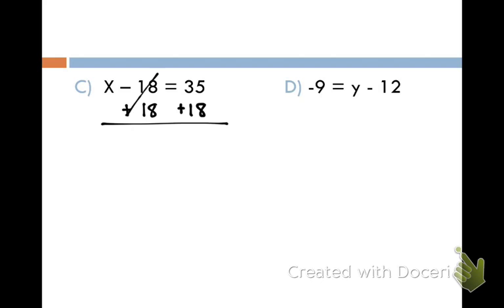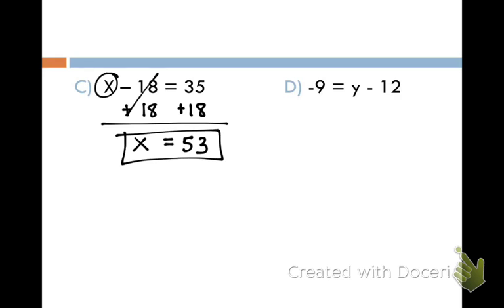It cancels out. So you're left with what on the left side? Plain old x is all that's there, so I'm going to drop it down. Then you're going to bring that equals sign down. And what is 35 plus 18? Not 43. 53. Okay, so x equals 53.